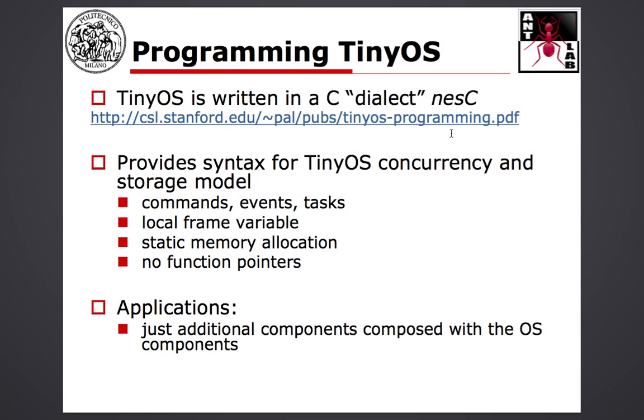Now, the first thing that you have to understand about TinyOS is that it is basically the C programming language. So I don't know if you have already seen C in one of your previous courses. How many of you have seen C? I guess many of you, good.